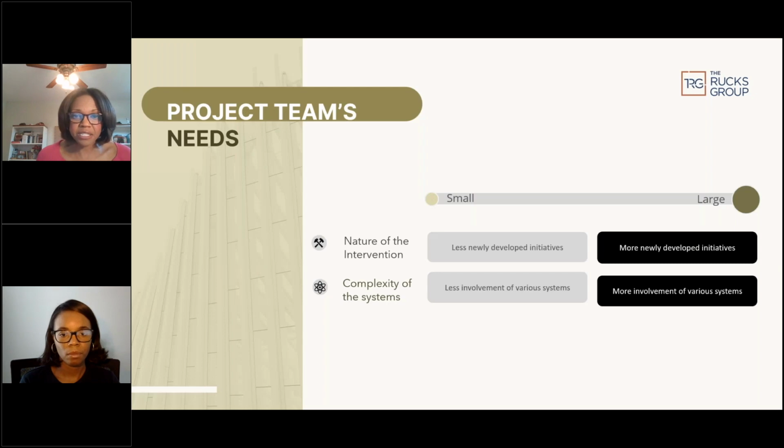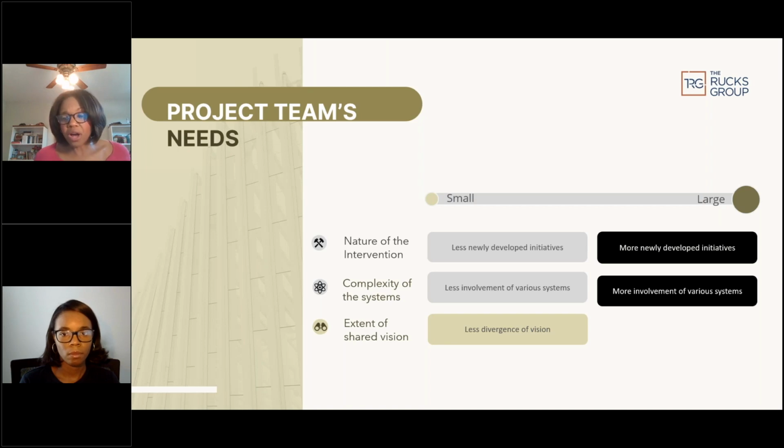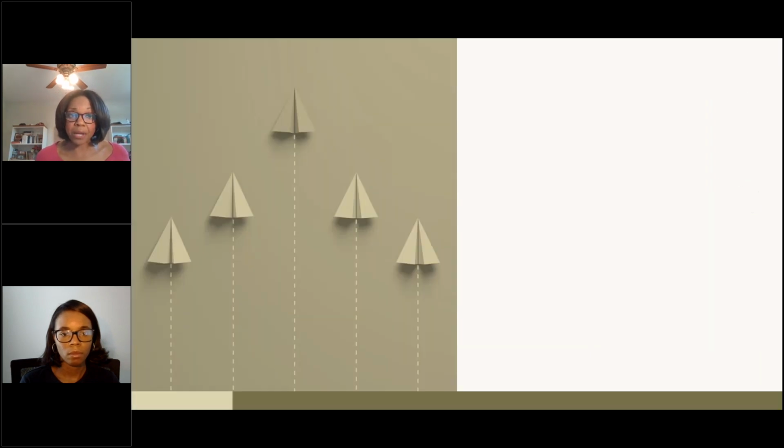So you want to think about that in terms of the aspects of the project and what the project team may actually need. A final dimension is the extent of the shared vision. Is there less divergence of the vision, more convergence, or is there more divergence, so everyone is thinking about the initiative in a really different way?